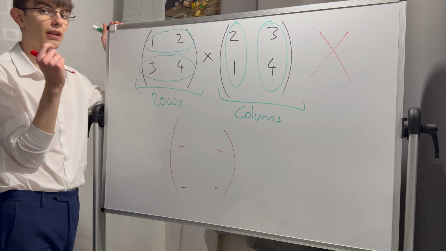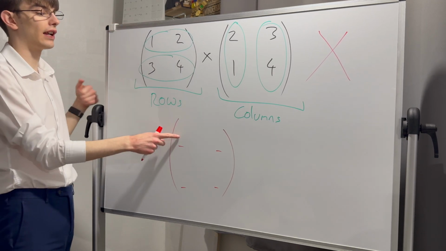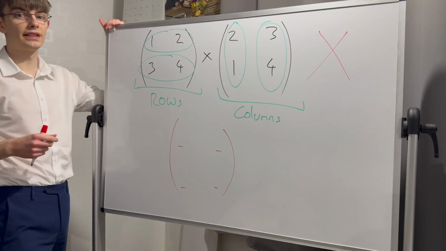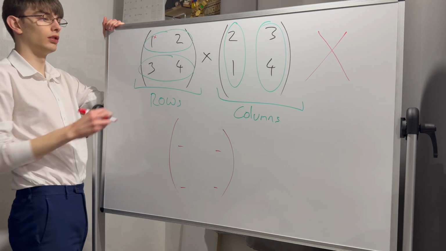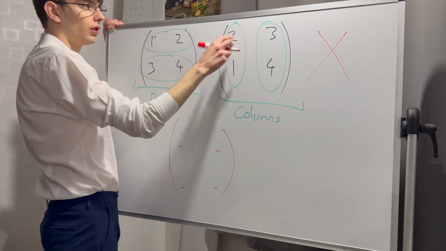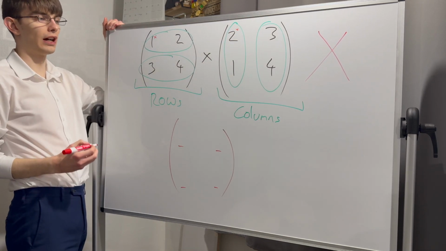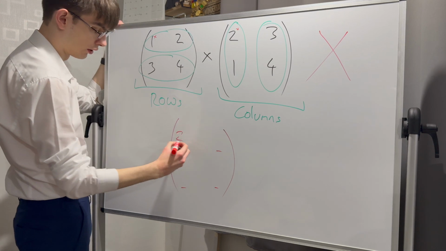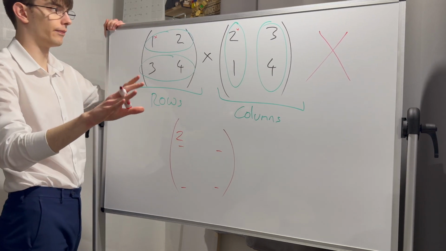I'm going to start off with the top left. In order to get my top left value, I'm going to take the first number in my first row here and my first number in my first column here, 1 and 2, and I'm going to multiply them together, 2. But wait, you just told me not to do that. Hold on.